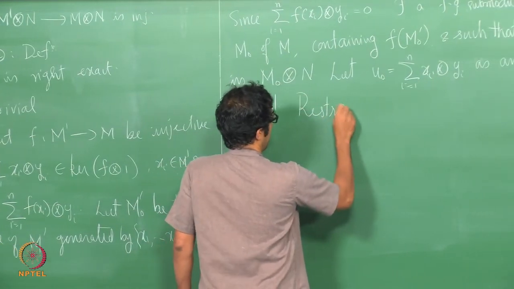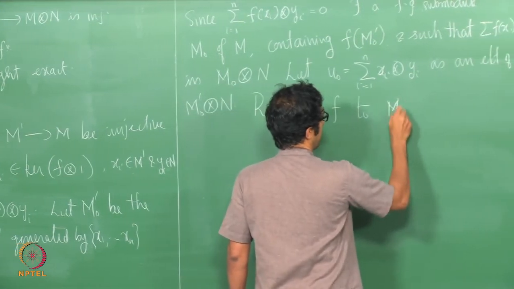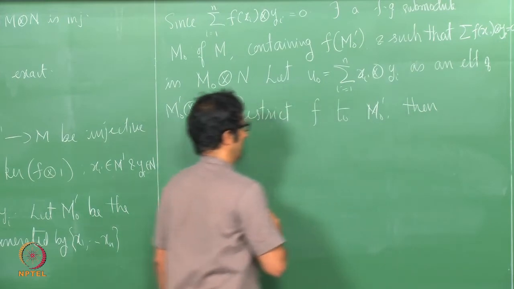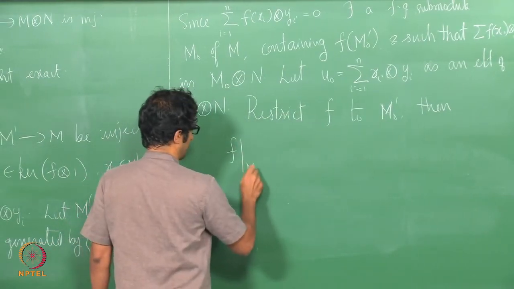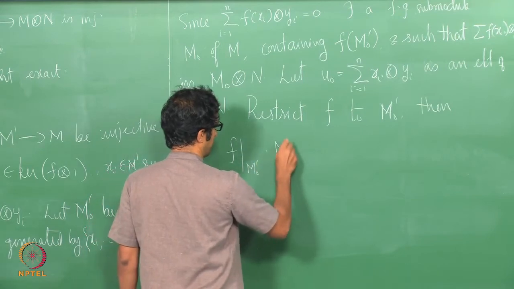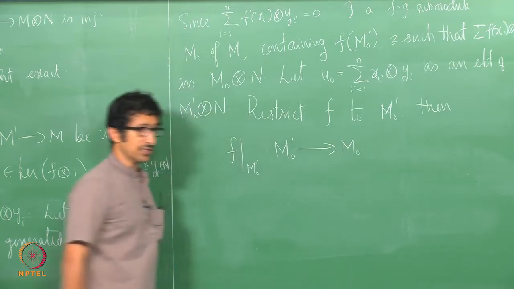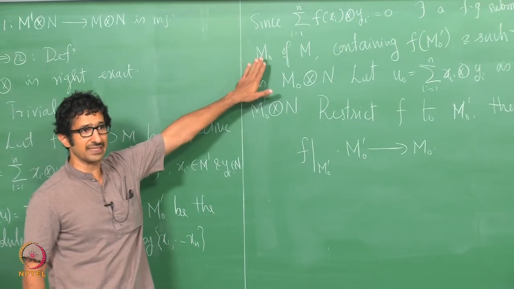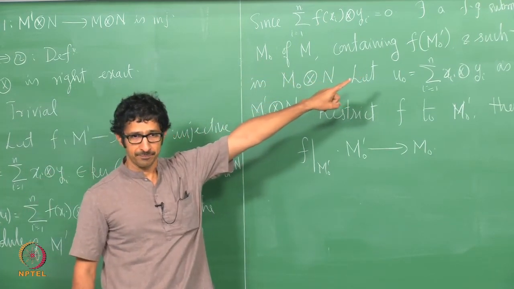Now, restrict f to m naught prime. Then f restricted to m naught prime is a map from m naught prime to m naught, because m naught is a finitely generated module containing f of m naught prime.